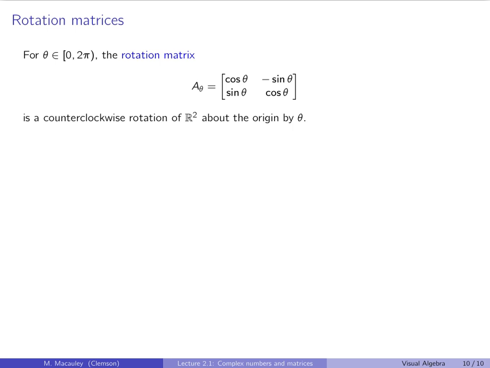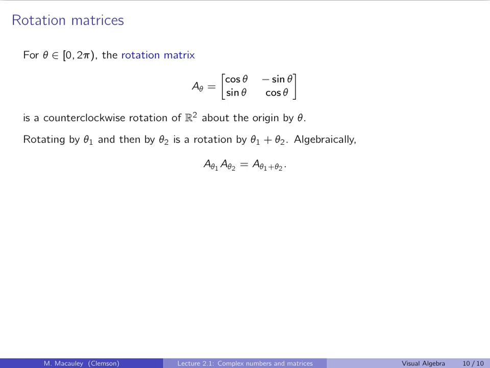And by that I mean, if you have a vector z and you multiply it by this matrix, which are supposed to be the same length, that just rotates z by theta.